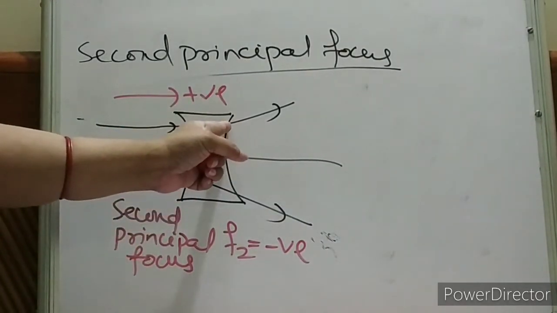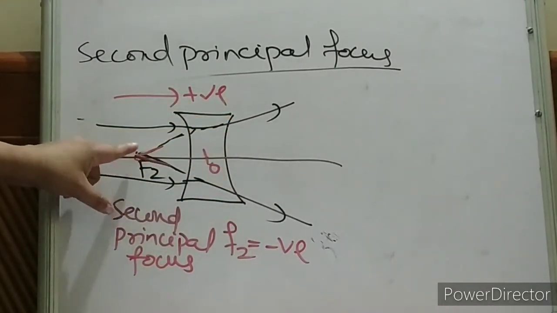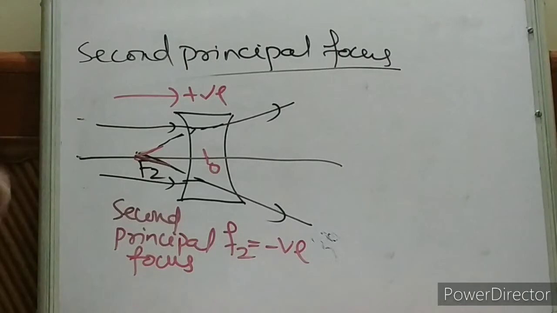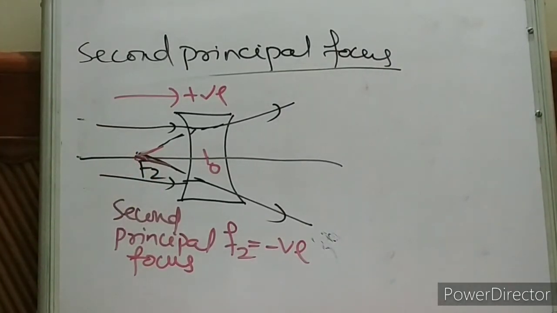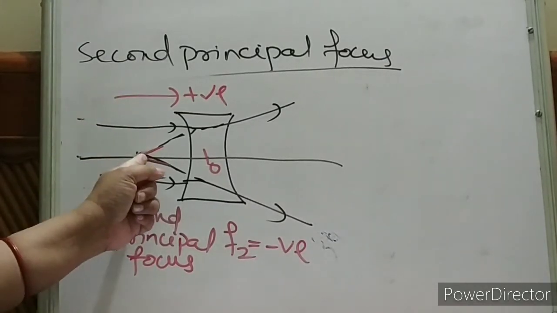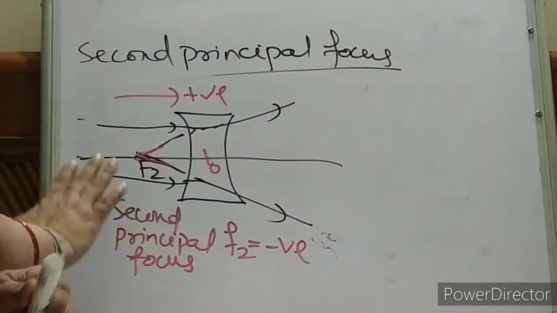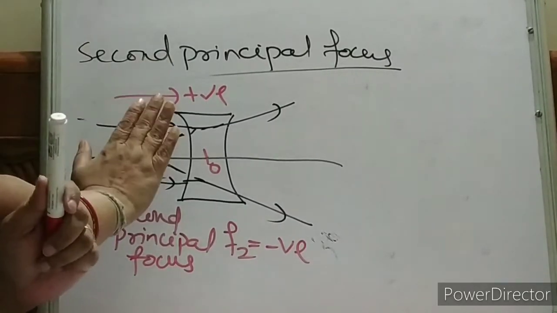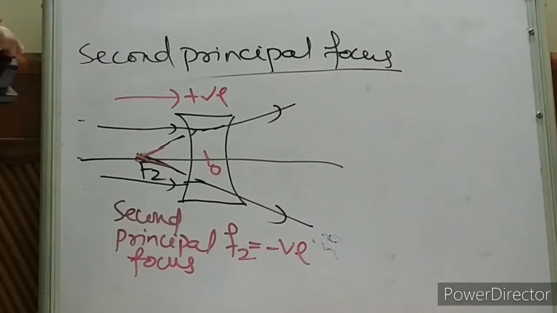These divergent rays, when produced back, meet at a point on the principal axis, and this point is known as your second principal focus. And here you are getting your image. Clear children? This is very important. We are going to deal with this only while dealing with all the numericals, all the image formation and everything.